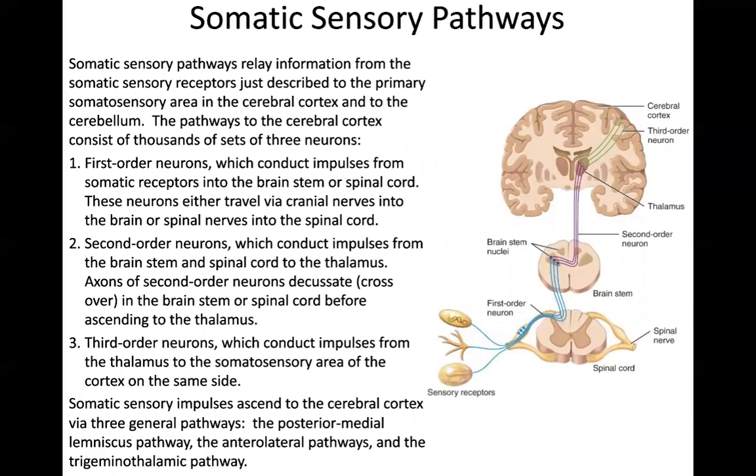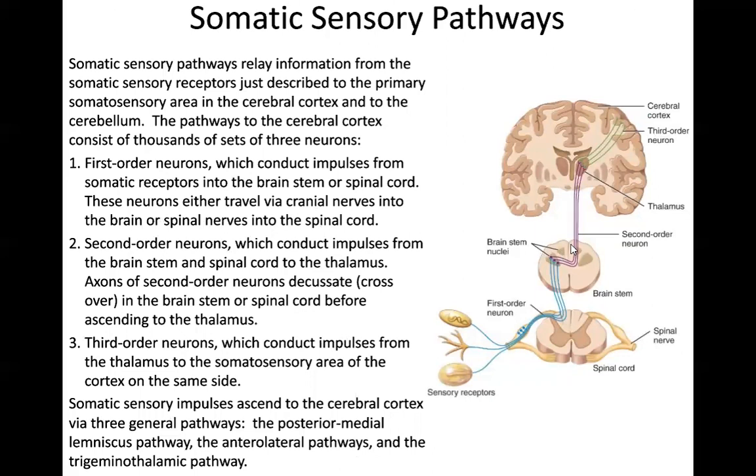All right, let's talk somatic sensory pathways, which relay the information from those various somatic sensory receptors just described to a specific region in our cerebral cortex called the primary somatosensory area. We also send some signals to our cerebellum. The pathways to the cerebral cortex consist of thousands of sets of 3 specific neurons. The first order neurons conduct the information from the somatic receptors into the brainstem or spinal cord, either traveling via cranial nerves into the brainstem or spinal nerves into the spinal cord.